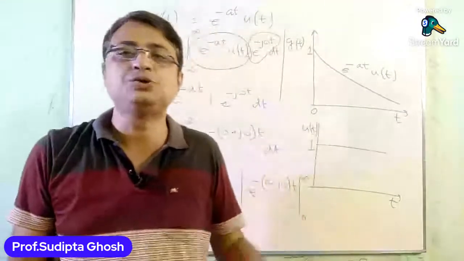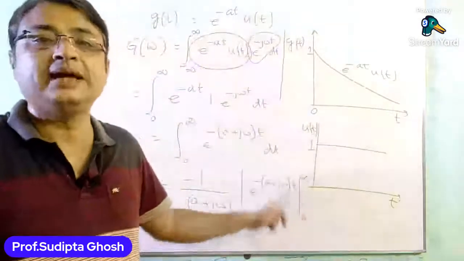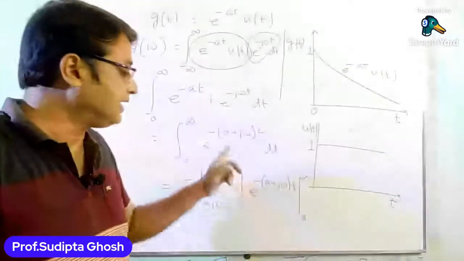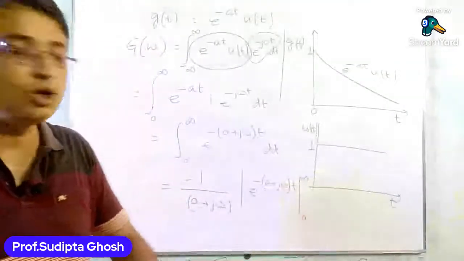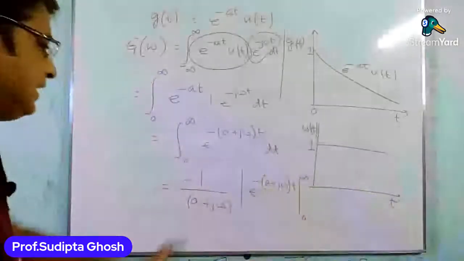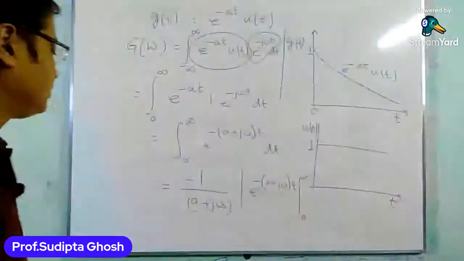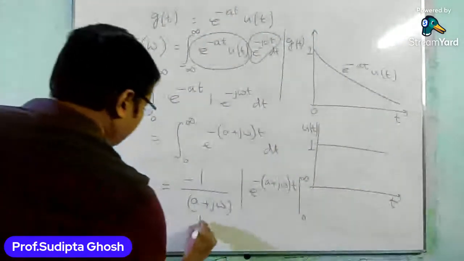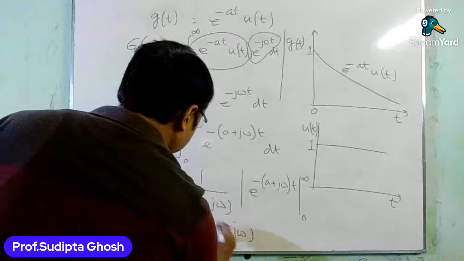So e to the power minus infinity becomes 0, and then comes the lower limit, that is minus e to the power 0, and that is 1. So minus of minus 1 gives the answer, 1 by a plus j omega.